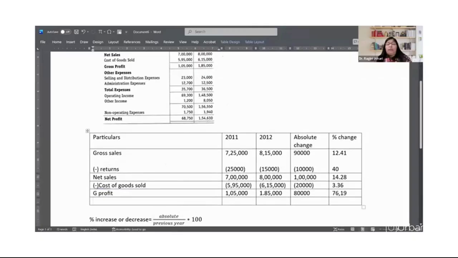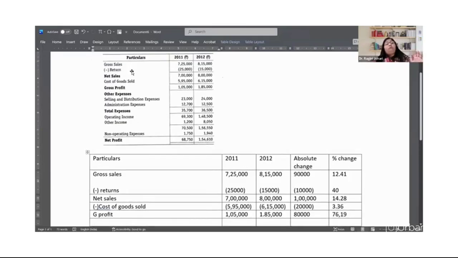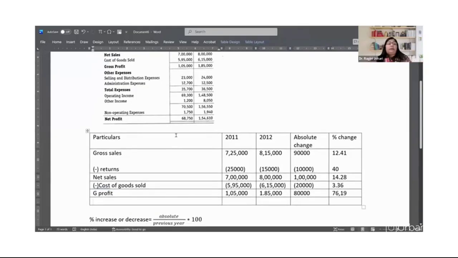Now, then we talk about the other expenses. As I told you earlier, in order to get the profit, we need to subtract expenses from the revenue, and the revenue here is gross sales, or net sales rather. Gross sales minus returns is net sales. This is my revenue.